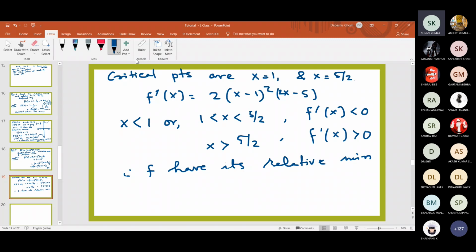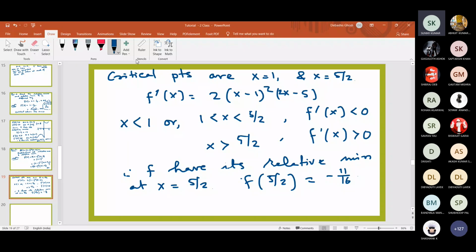Therefore, relative minimum at x equals 5 by 2, and that can be computed, f of 5 by 2 equals something like minus 11 by 6. Just putting the value in.